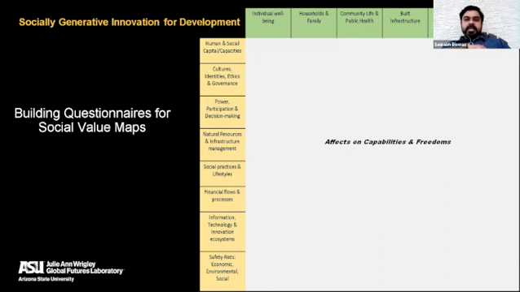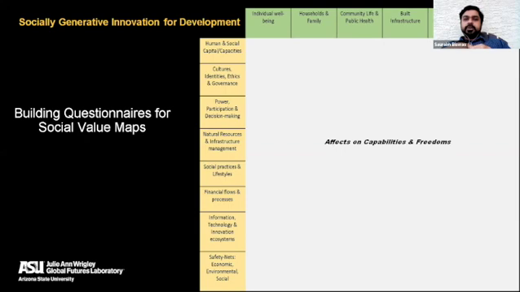Now, this intersection gives you the opportunity to frame questions for inquiring about the capabilities and freedoms at the intersection of what kind of capital or capacities exist. This could be education, technical skills, access to finance, and many other forms of human and social capital and capacities, and relate that to individual well-being.